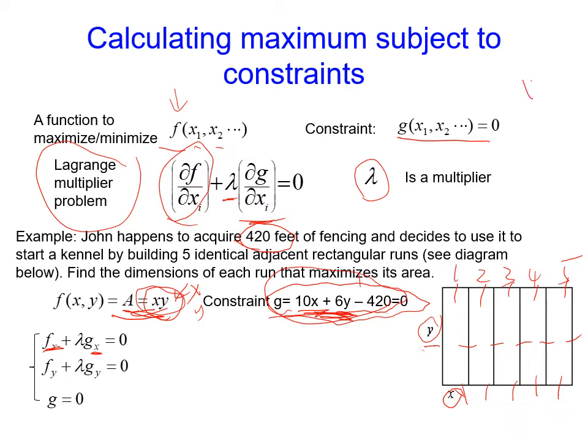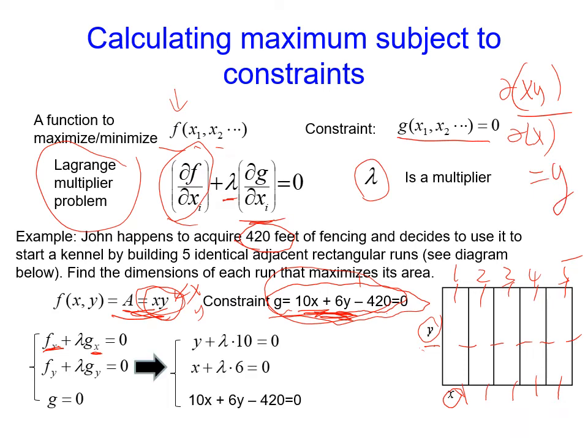So for xy, the partial derivative over x means y is a constant, so this should be y. So you get the first equation: y, plus the partial derivative of the constraint over x. Since y is constant and 420 is a constant, you get 10. So y plus 10 times lambda equals 0.